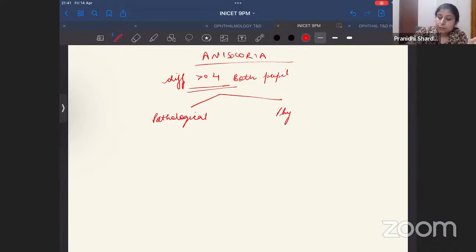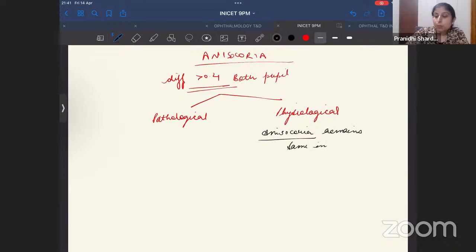Anisocoria can be pathological, and it can also be physiological. It is not always pathological. In physiological anisocoria, the difference between the two pupils is more than 0.4, but it is not associated with any disease. The physiological anisocoria remains the same in both dark and light conditions.